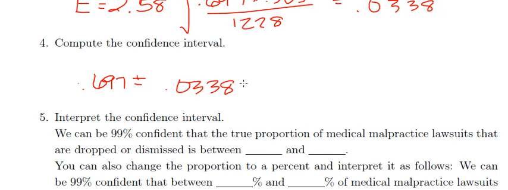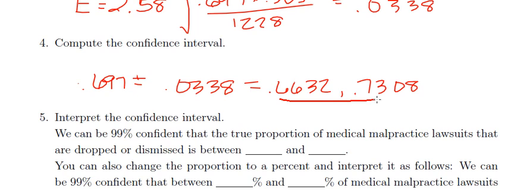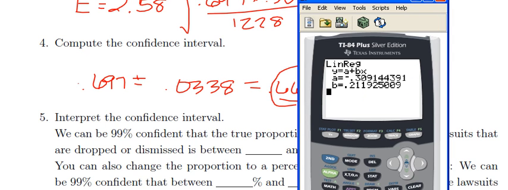That means we take 0.697 minus 0.0338. That gives us 0.6632. And then we take 0.697 plus 0.0338, which is 0.7308. Okay, so there's my confidence interval. And then we'll do it on the calculator as well.